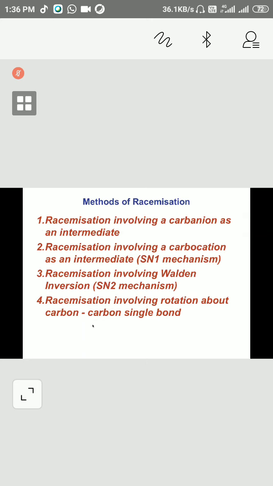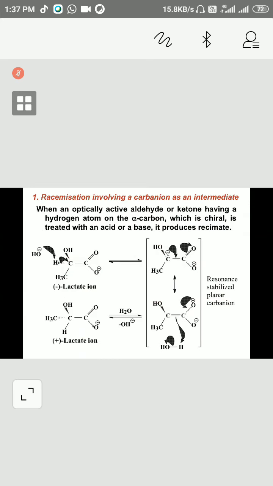How to do racemization? Some methods are there. Racemization involving a carbanion as an intermediate. Racemization involving a carbocation as an intermediate. Racemization involving Walden inversion. Racemization involving rotation about a carbon-carbon single bond. These are the different methods.